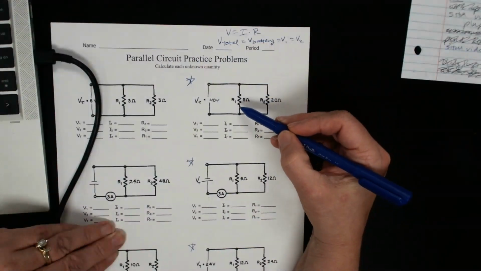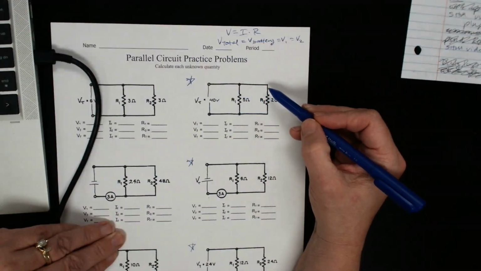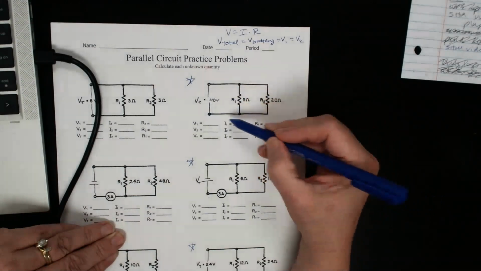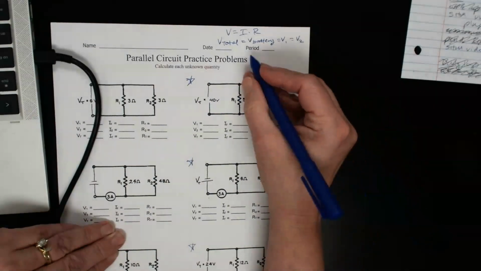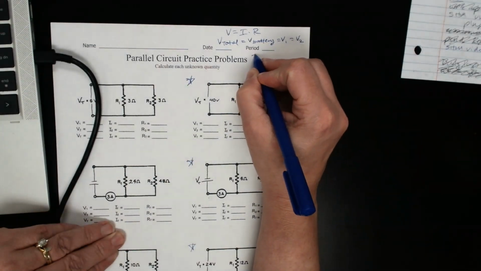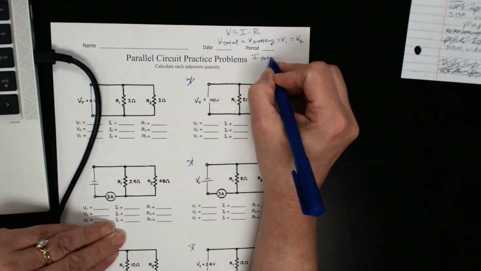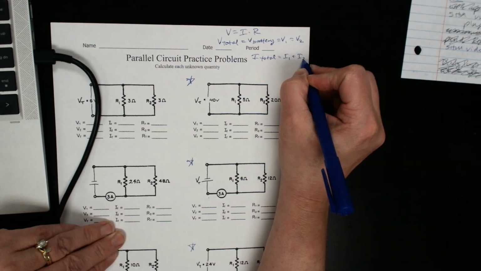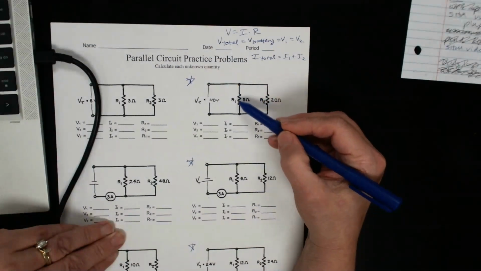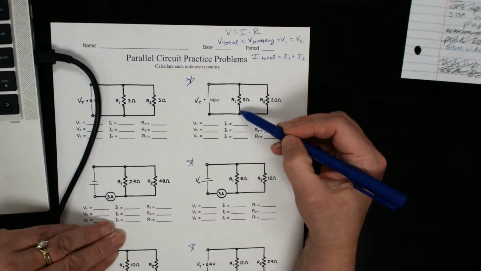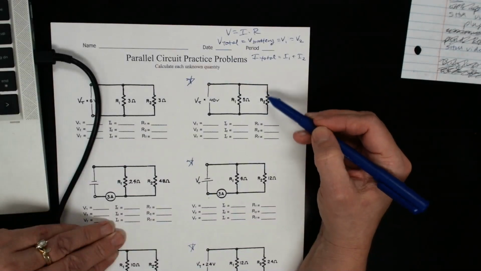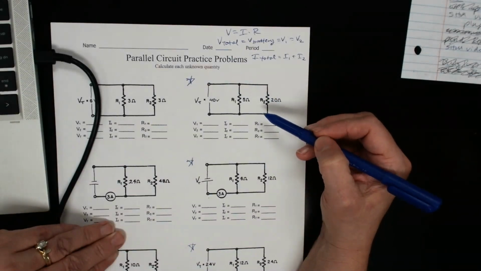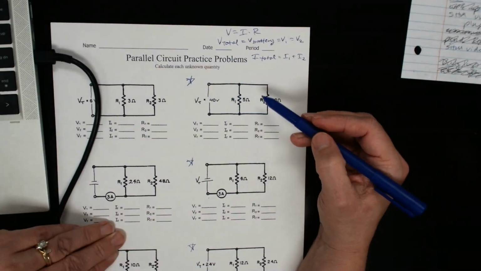So my voltage for this branch is the same as this branch, is the same as my total. My current adds up. So I have a total current that's equal to the current in each of my branches. Like here, this is branch 1, it's got a current value. This is branch 2, it's got a current value. To get my total, I'm going to add those up.